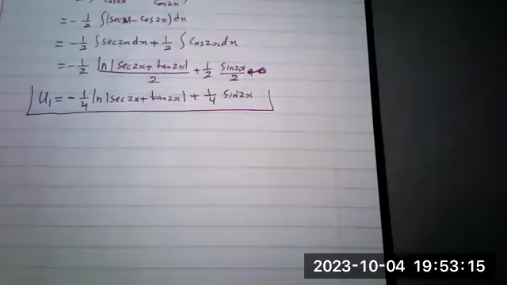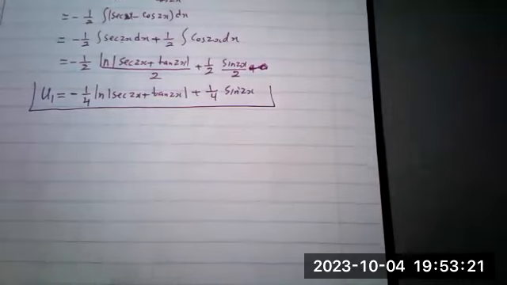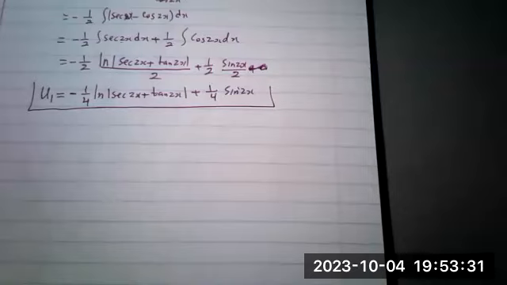So go back and find the u2. That would be similar. Why did you add this 1/2? Because you see the outside is negative 1/2, the negative 1/2.